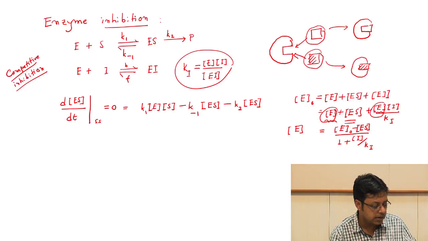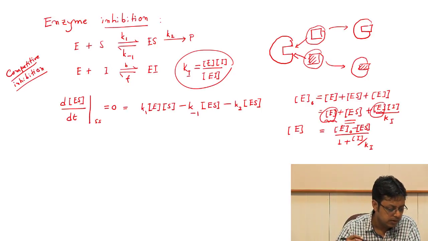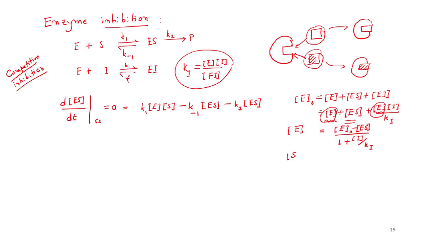Similarly, we can write the substrate concentration in the same way, and the substrate concentration will be the free substrate concentration plus the enzyme substrate complex plus the substrate that has given rise to product. This will be the same as in the Michaelis-Menten equation.